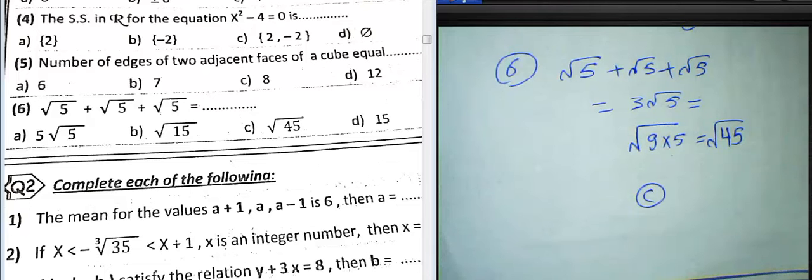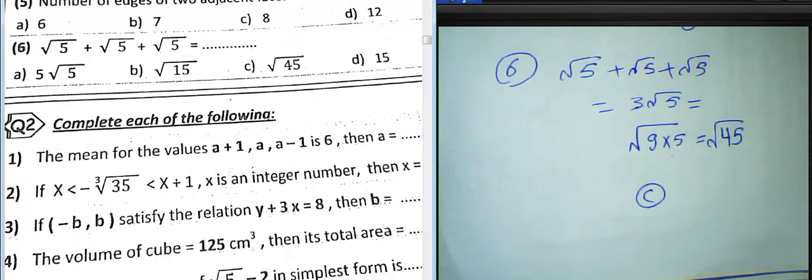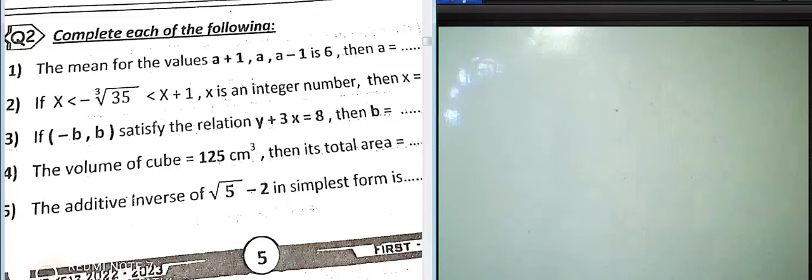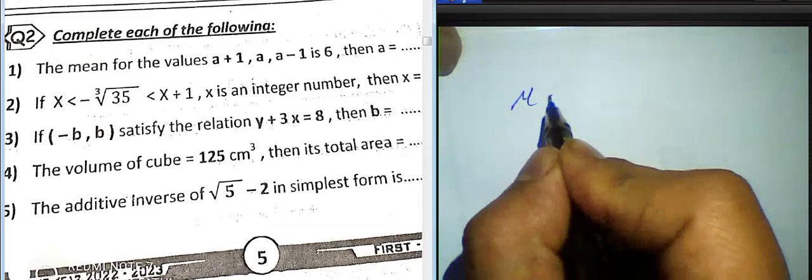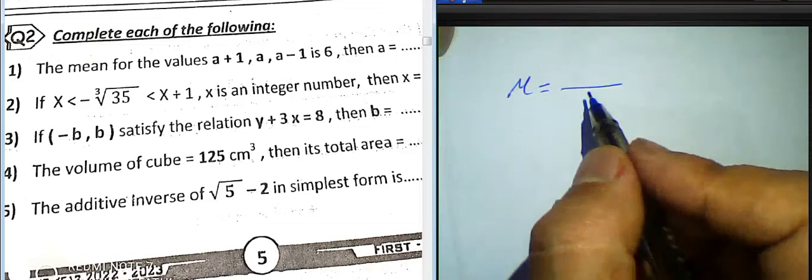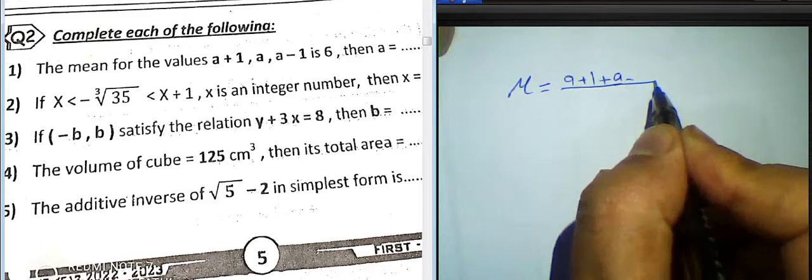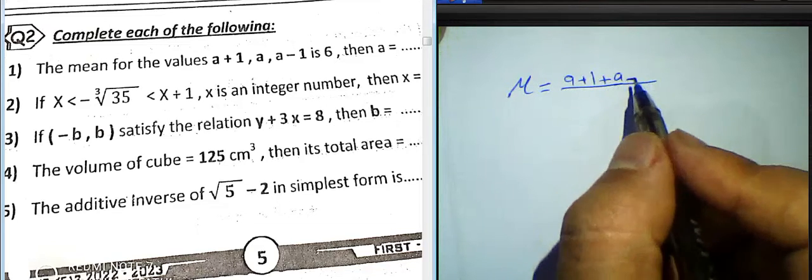Look at question number 2. Complete with the following. The mean of the values a plus 1, a and a minus 1 is 6, then a equals what? We know the mean equals the sum of all values.